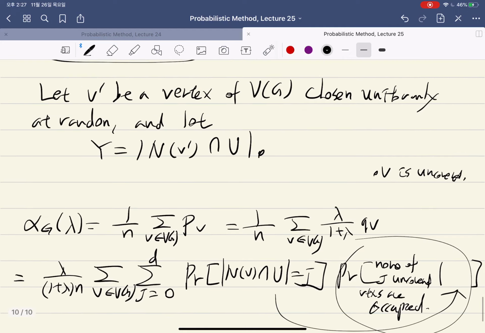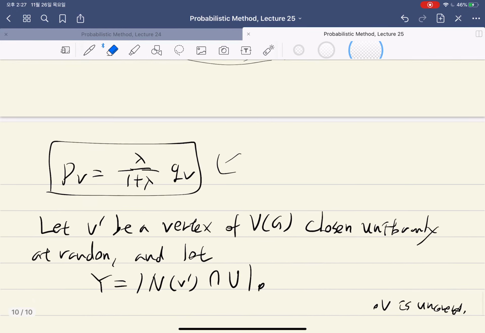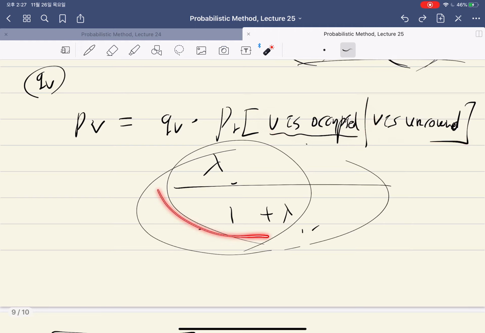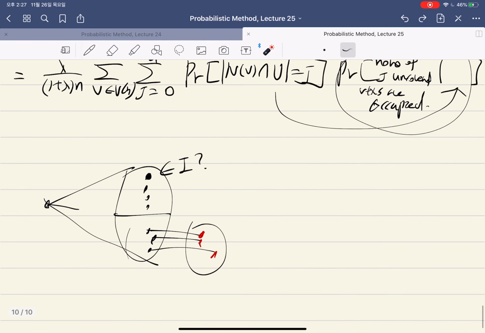Again, this is uncovered, and what we showed is that when it is uncovered, the probability that it is occupied is lambda over 1 plus lambda. So the probability that it is not in I is 1 over 1 plus lambda. And there are j of them.